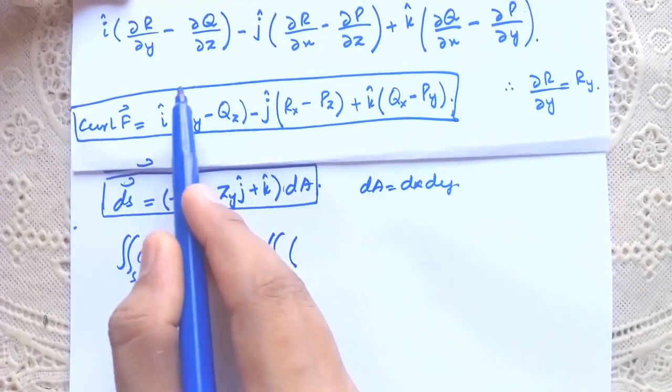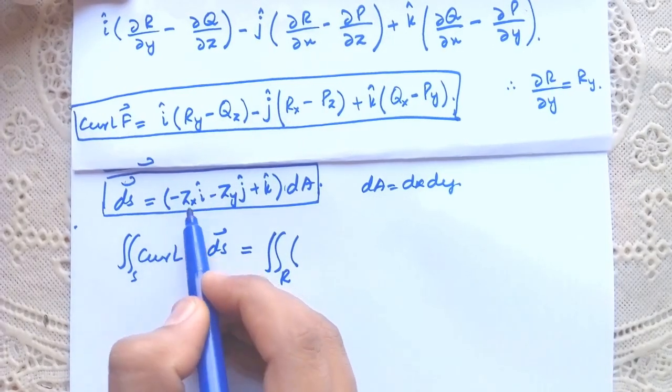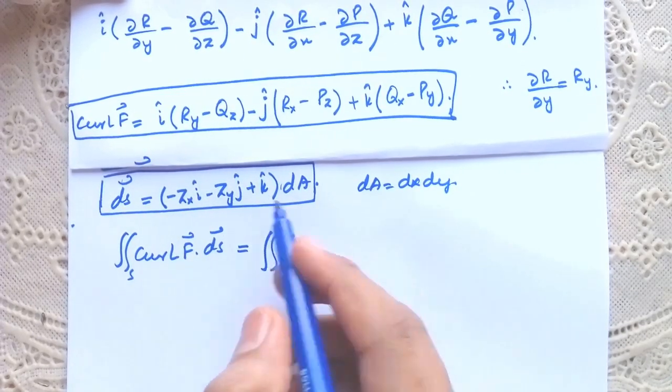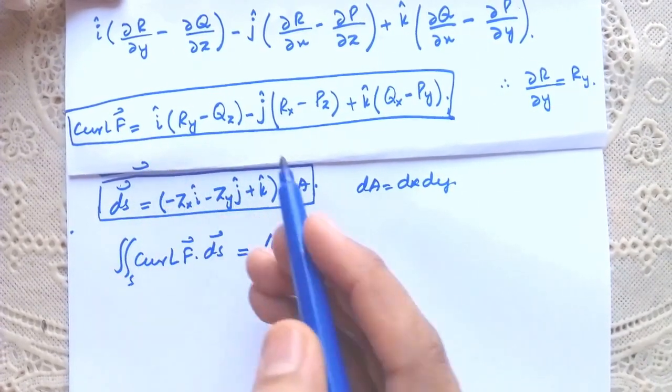So the ith component of this vector is multiplied by its ith component, and if we take out minus as common from here, minus into minus will become plus.